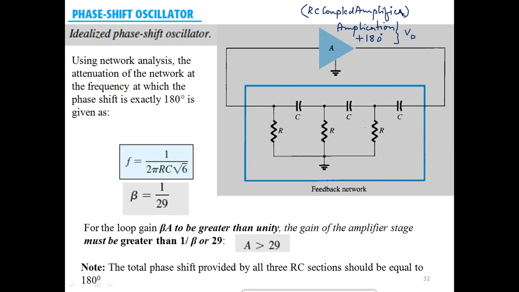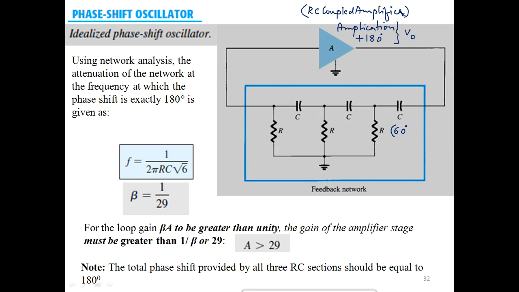If you just apply basic network analysis, then it will be easy to understand that one single RC is capable of providing a phase shift of 60 degrees ideally.